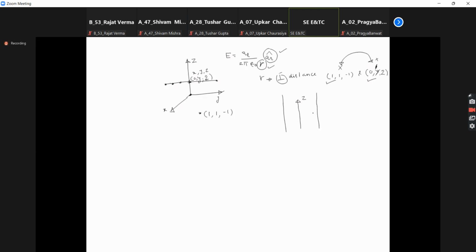So both are running parallel to the z-axis, okay? Now you are asked to find out, okay, I want to draw a perpendicular line and the z value for this line should be what? Suppose 4. Okay, from here I have to draw a perpendicular line which must connect to the other line. So what should be the value of z here? 4. 4, na? Why? Because this line is perpendicular, right?